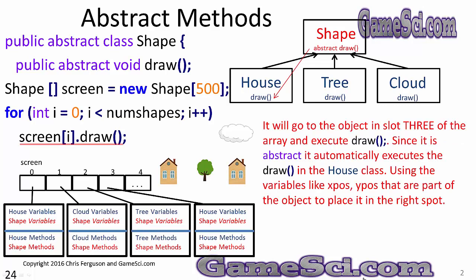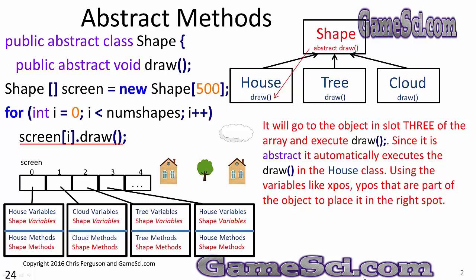It will go to the object in slot 3 of the array now and execute draw because I has the value of 3. Since it is abstract when it calls draw, it automatically executes the draw method in the house class, using variables again like x and y position that are part of the object to place it in the correct spot. So there was a simple loop.